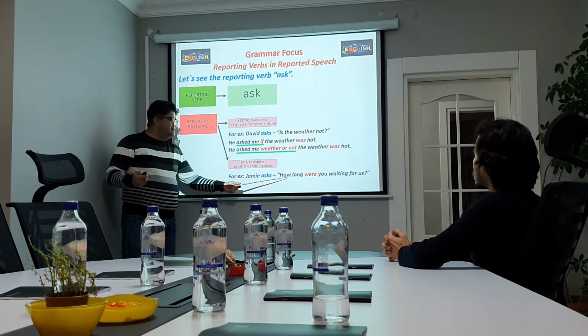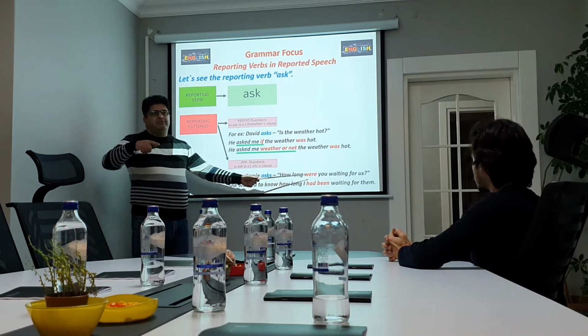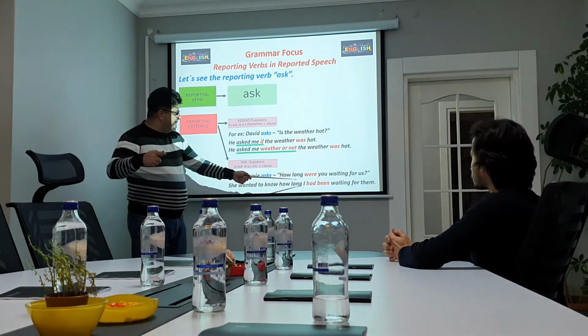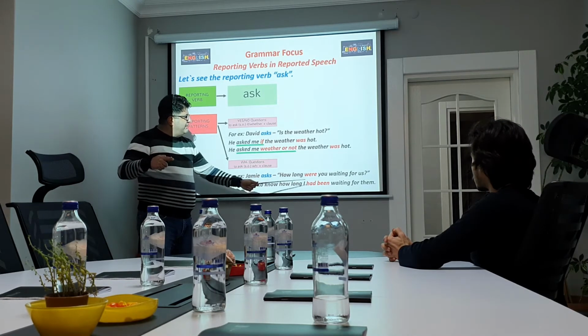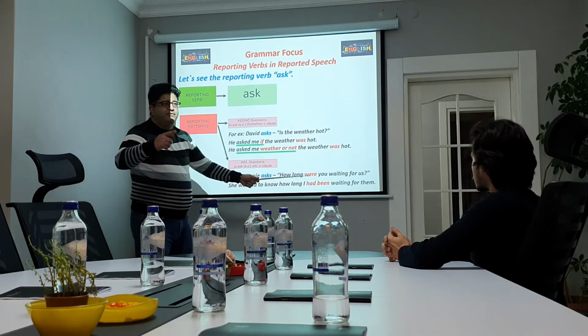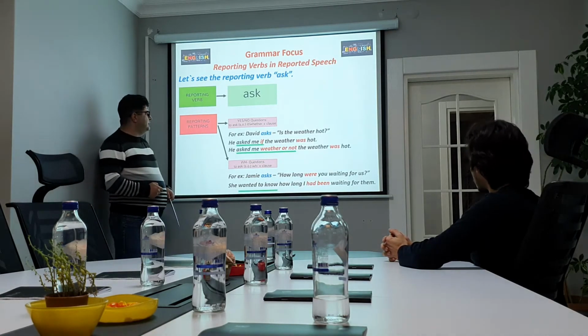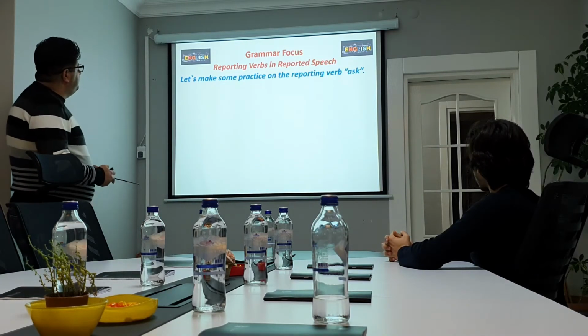And the same, were becomes simple past tense, I take the one past form of past tense, and it becomes past perfect, had been waiting for us. Okay. Reported verbs in reported speech.